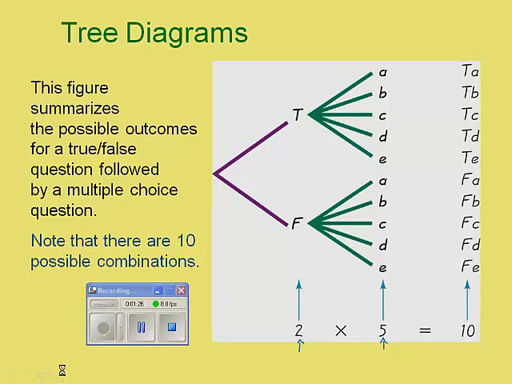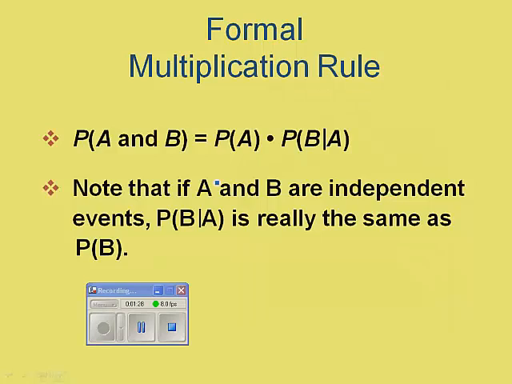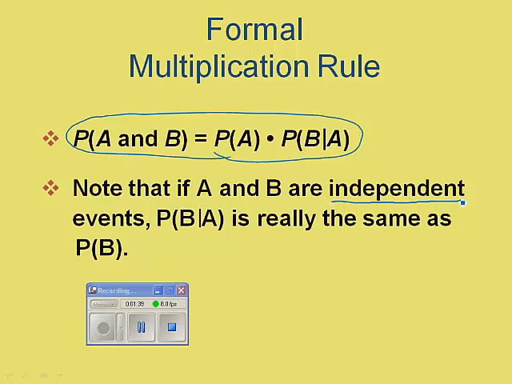Okay. Again, this is the multiplication rule I've been giving you. Note that if A and B are independent, what does independent mean? It means P of B given A equals P of B. And so in that case, you could replace this with just P of B. Fine.